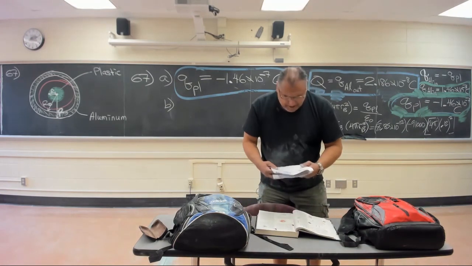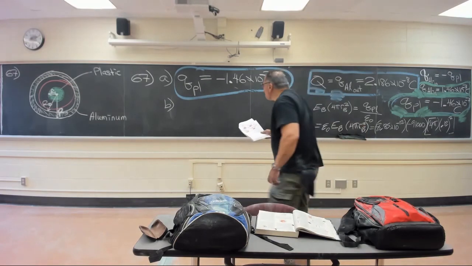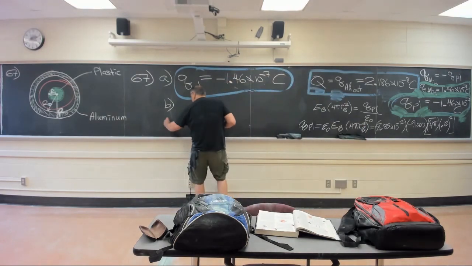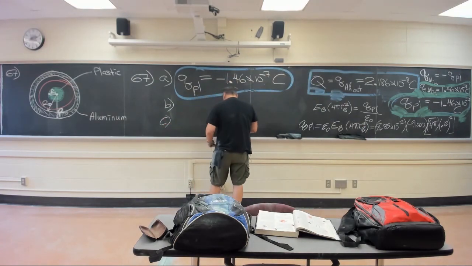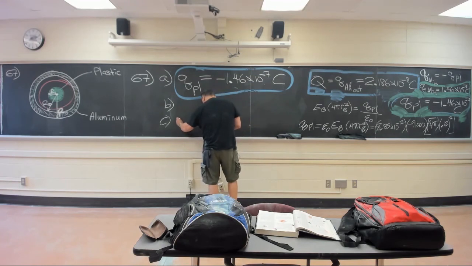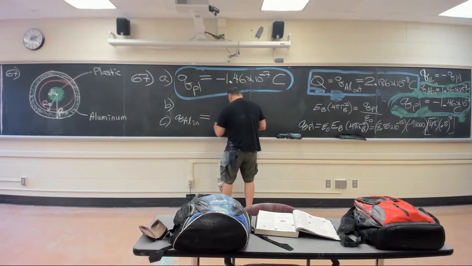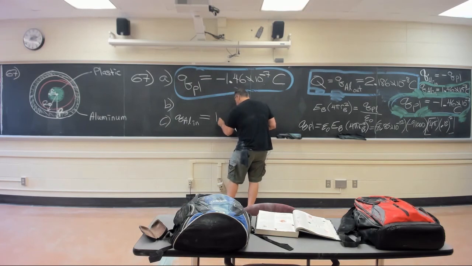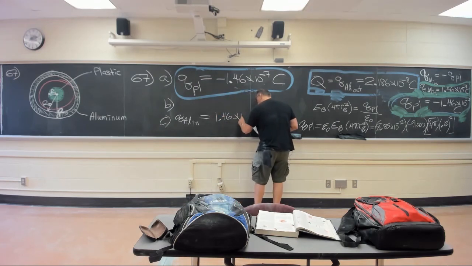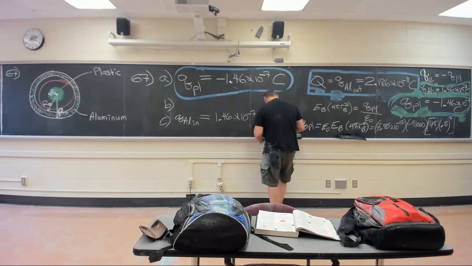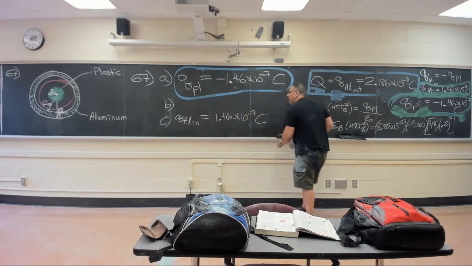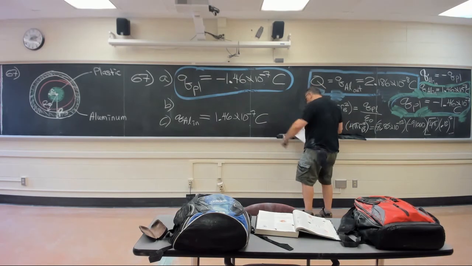So let me answer C a little bit, if you don't mind, guys. C is Q aluminum in, positive 1.46 times 10 to the negative 7 coulombs. Yeah, it's the opposite of that on the inner here.